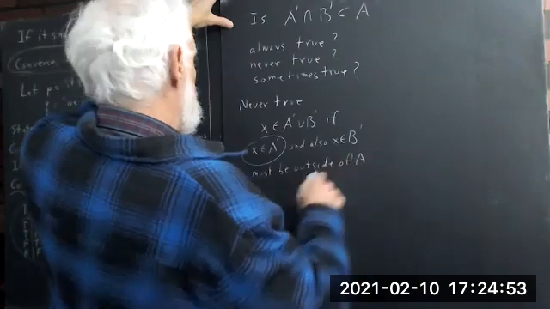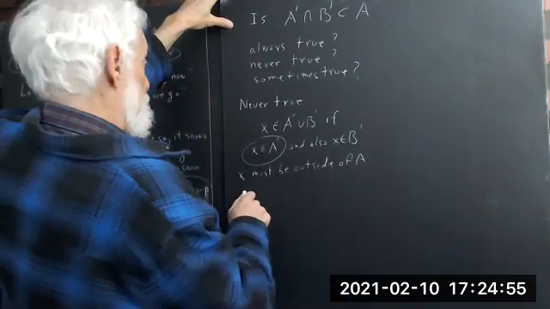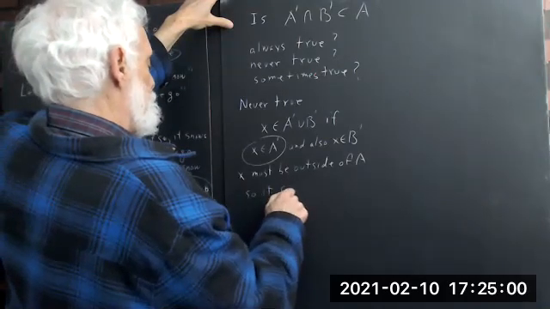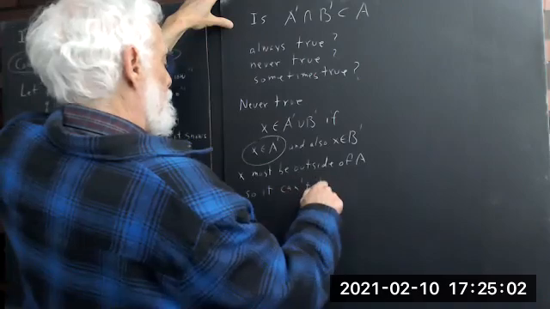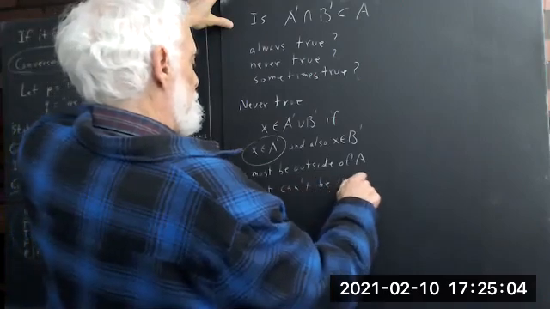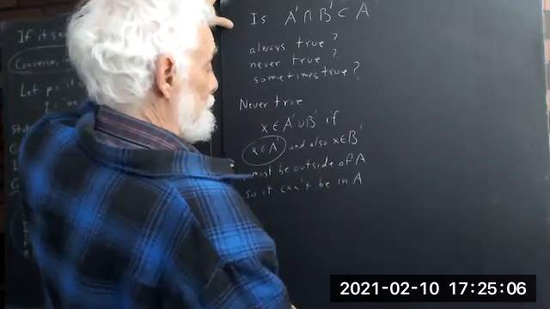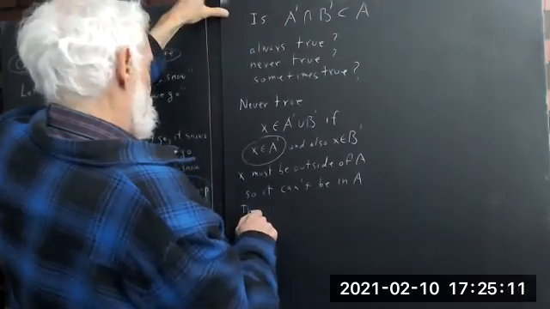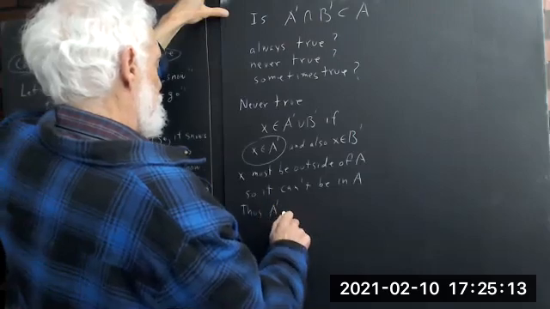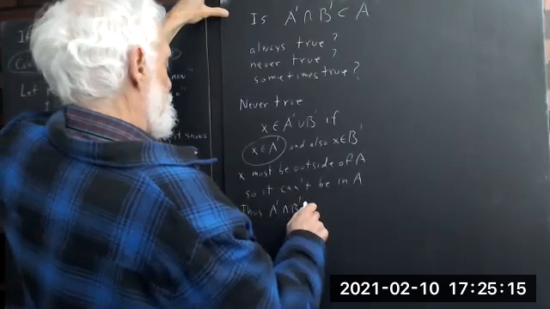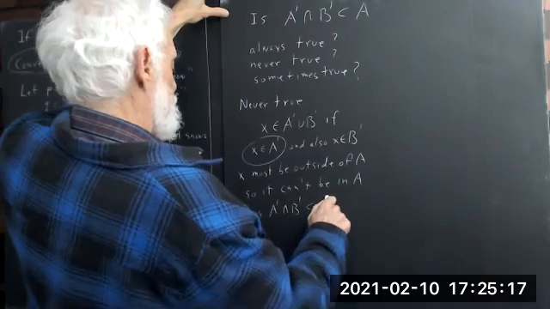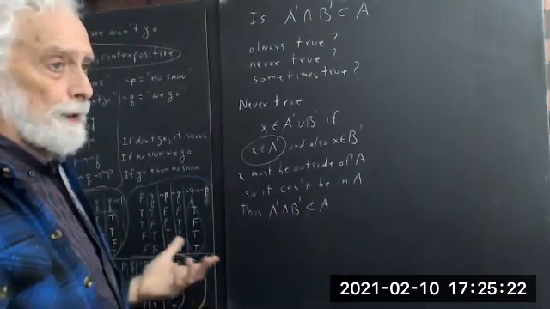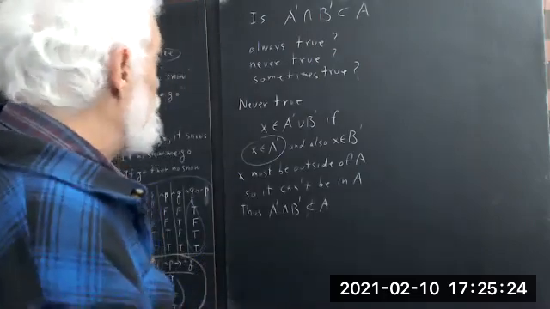X must be outside of A. So it can't be in A. It follows that A prime intersection B prime is not a subset of A.